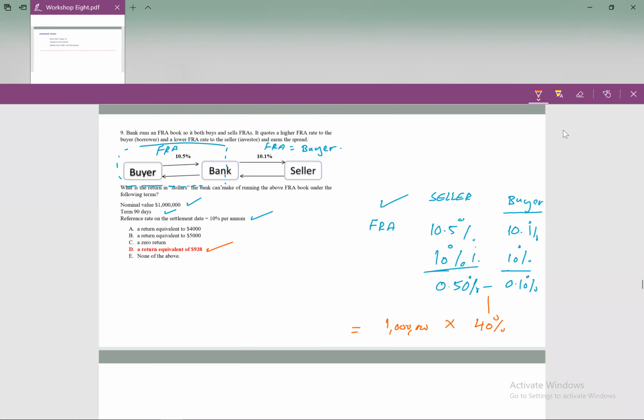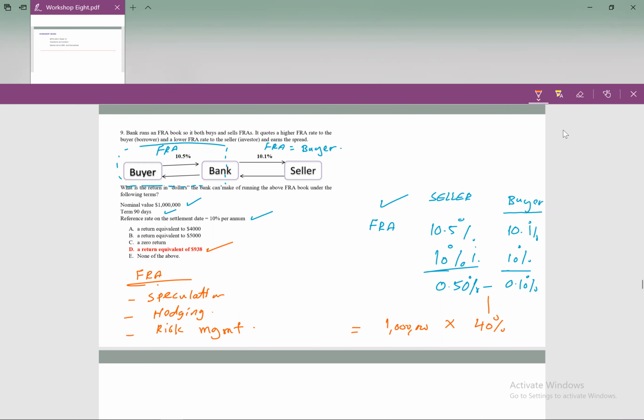So you have to understand that this is risk management, because we are talking about FRA in terms of speculation, hedging, and risk management.